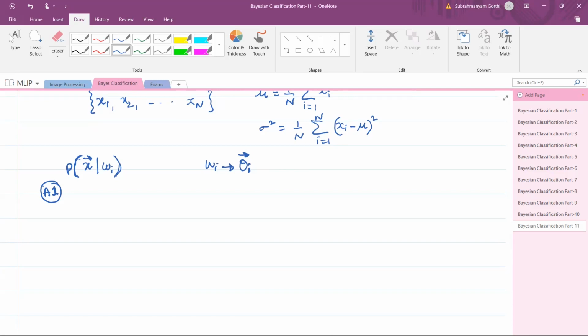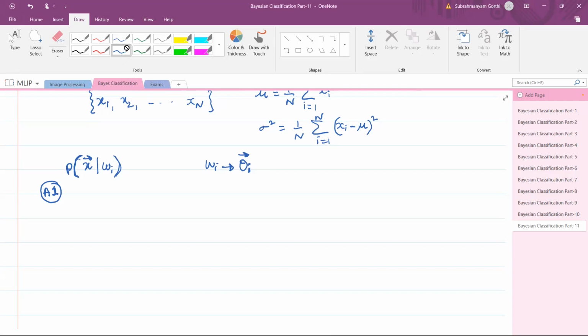Let's say I'm doing it for omega 1. I don't have to worry about omega 2 at the time of calculation for omega 1. In practice, this might not be true for some distributions, like two Gaussian distributions which are overlapping. Then there are instances where this could get violated, and you may have to resort to something like expectation maximization, where you iterate between them. But for now, we will not go into that level of complexity.